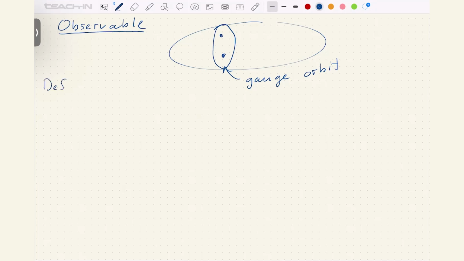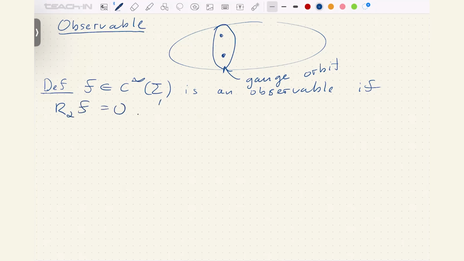So let's do it as a definition and then prove that it is constant. f from functions on sigma is an observable if R alpha f is 0. Here, R alpha is a restriction of R alpha twiddle to sigma.